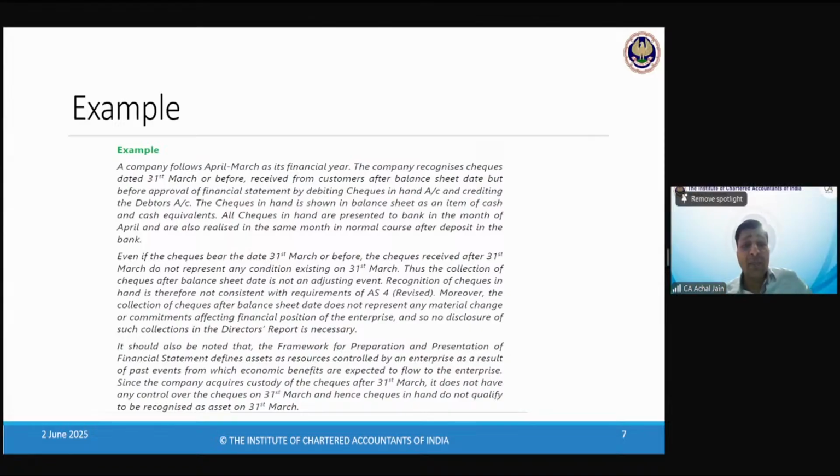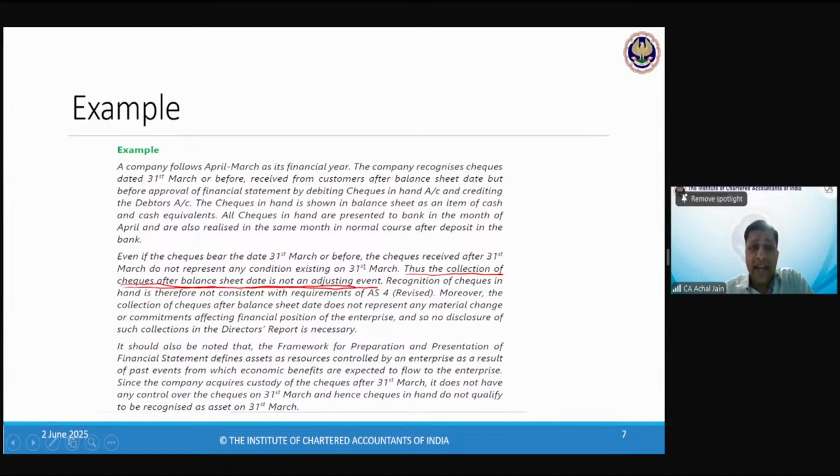Even if the checks bear the date 31st March or before, checks received after 31st March do not represent any condition existing on 31st of March. Thus, collection of checks after the balance sheet date is not an adjusting event. Now, this is an important point, that collection of checks after the balance sheet date is not an adjusting event.